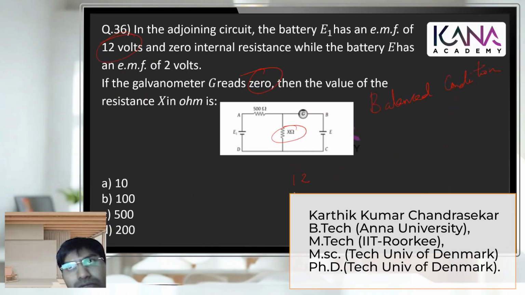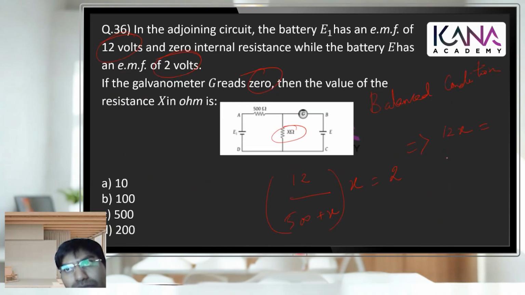So 12 volts by 500 plus X, times X, is equal to 2, because the E has 2 volts. This means 12x equals 1000 plus 2x. Further simplifying, 10x equals 1000. So x is equal to 100 ohms.